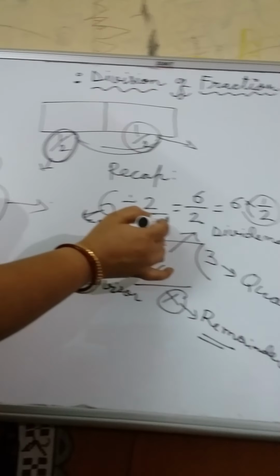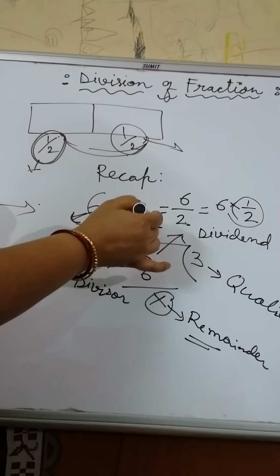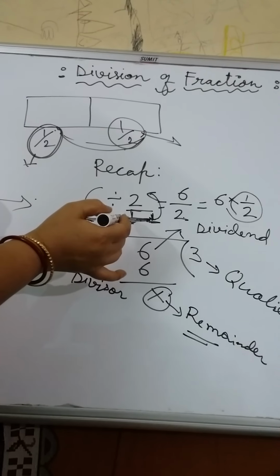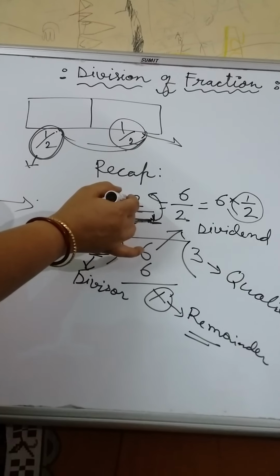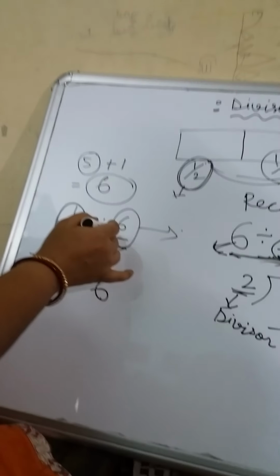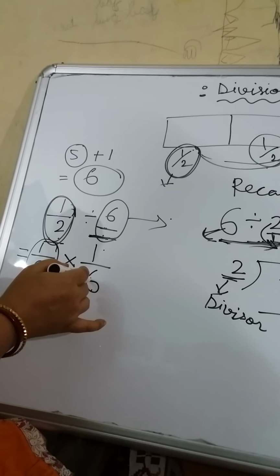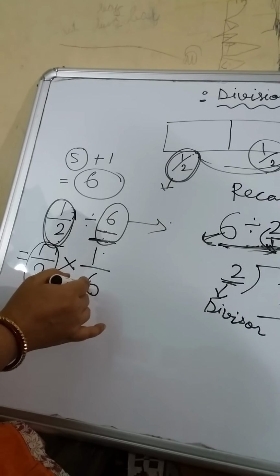Its denominator was 1, that has come into the numerator, and the 2 has gone down to the denominator. So the same here, I can write by reversing it, that is 1 by 6.